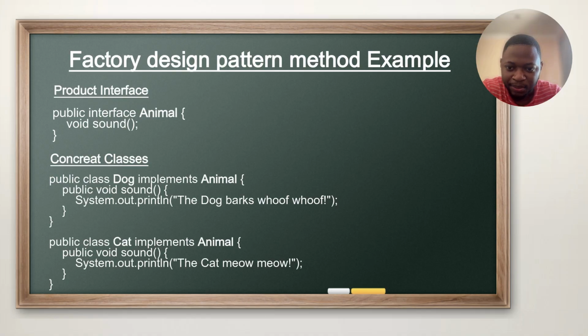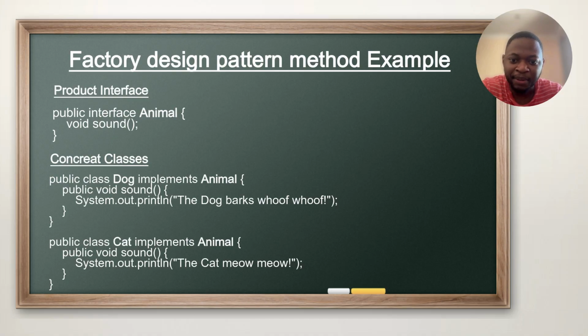And below that we have our concrete classes. As you see here below, we have the dog class implementing the animal interface, and below that we have the cat class implementing the animal interface. And as you see here above the interface, we expect all animals to make a sound.